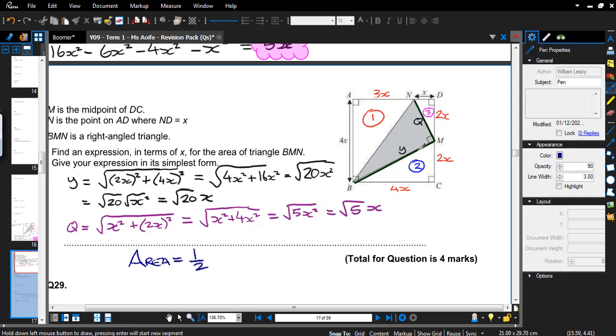Half the base is root 20x, I'm just going to put that in brackets, times the height, which is root 5x.